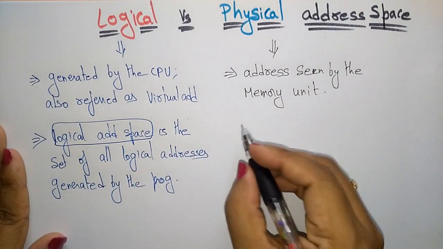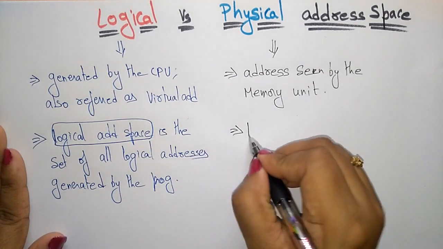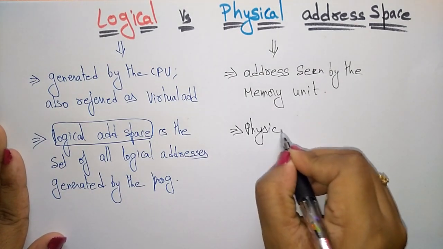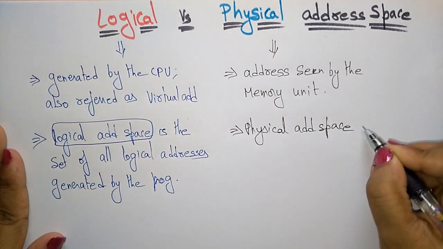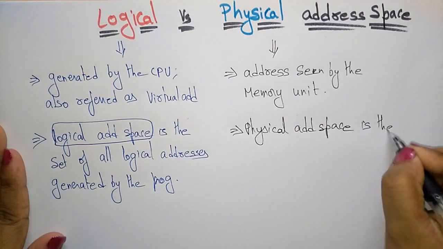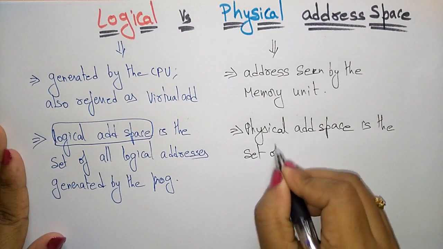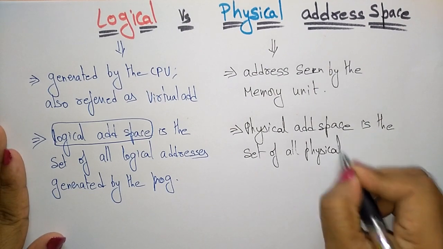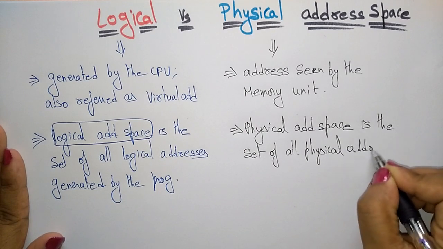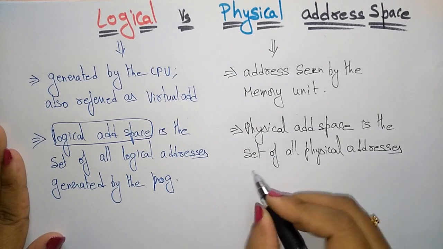In the same way, the physical address space is a set of all physical addresses generated by the program.